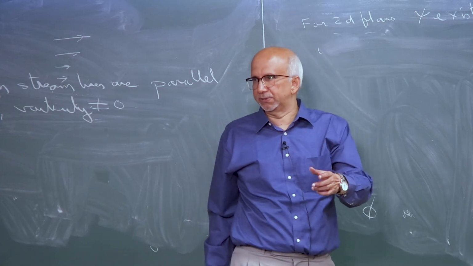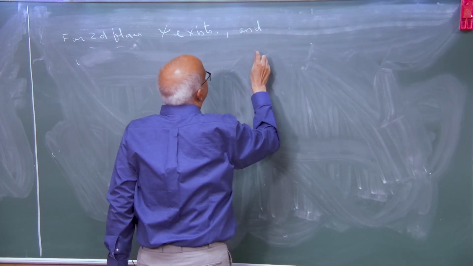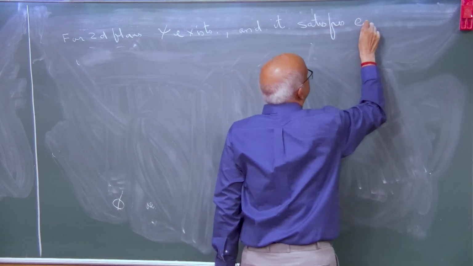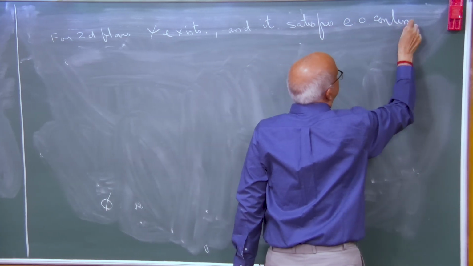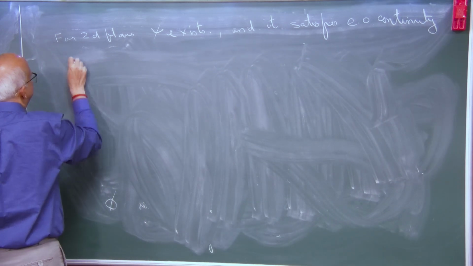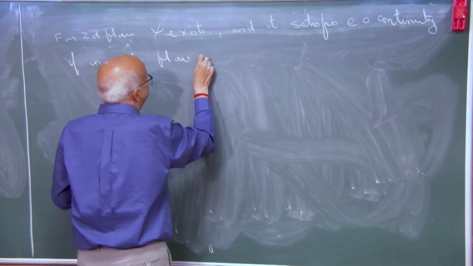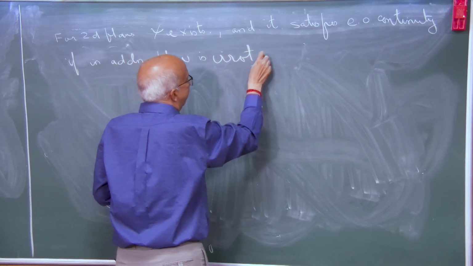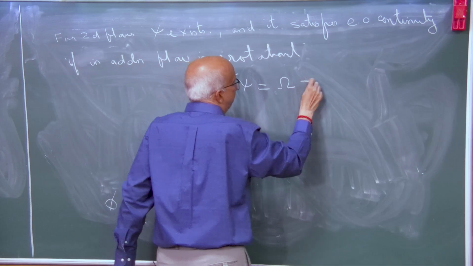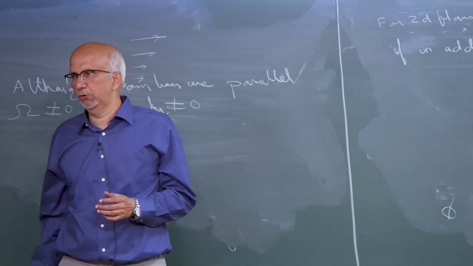You can define a stream function, and it satisfies the equation of continuity, but if in addition flow is irrotational, then del square psi, which is equal to omega, must be equal to 0, because it is irrotational, omega has to be 0, omega is curl of V.